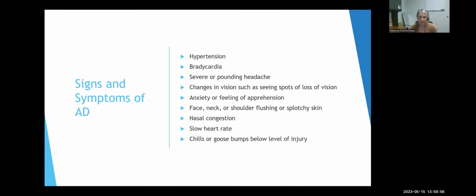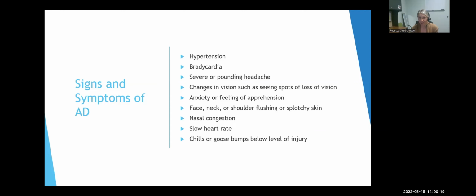So as far as the signs and symptoms, like what are you going to find on your assessment? Well, you'll find obviously high blood pressure, but as we described, it might just be high for this individual, not for the general population. Low heart rate, severe headaches, changes in vision or seeing spots or even loss of vision, anxiety or feeling of apprehension.